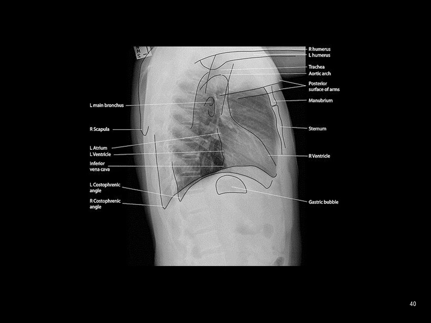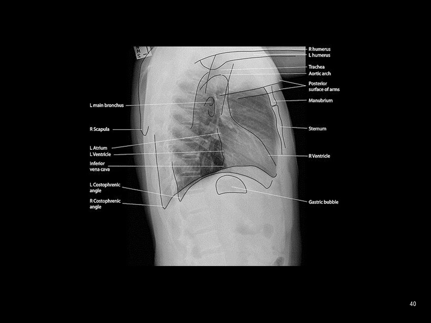Here, in this case, we've done the lateral projection and overlaid a diagram, so you can see that the extremity has been rotated up out of the way. Okay? We have the bronchus, scapula, atrium, left atrium in this case, and left ventricle.